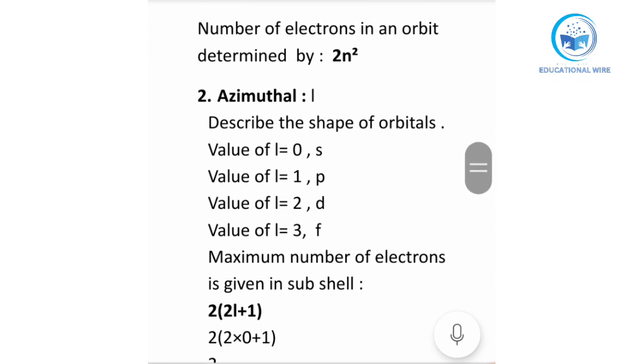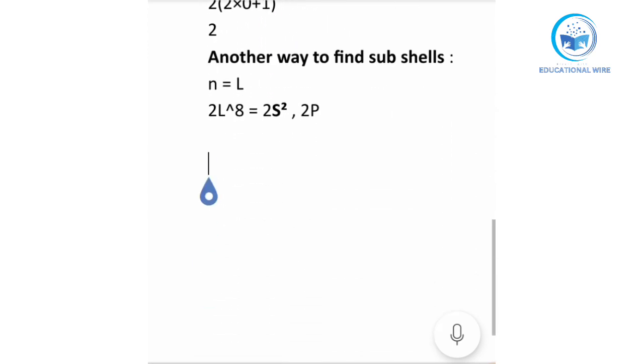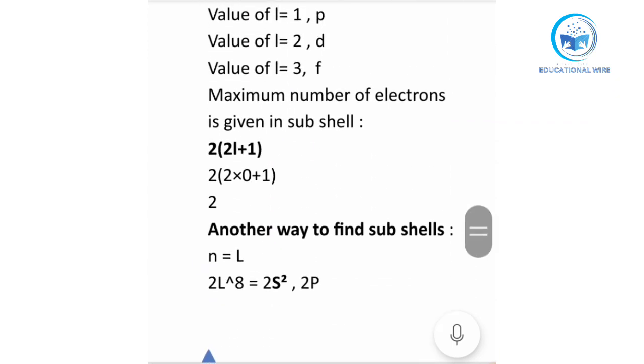After that, to find the electrons of P, we put 1 here: 2 ones are 2, 2 plus 1 is 3, 3 twos are 6. So in the P subshell there will be 6 electrons, so we directly put power 6.